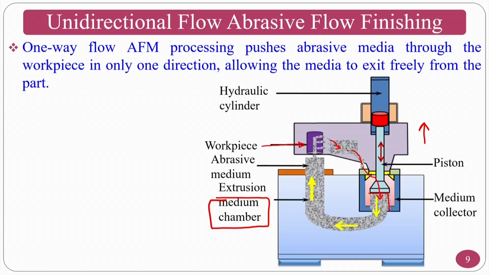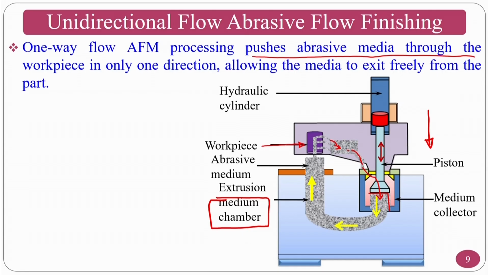As you can see here, the one-way abrasive flow finishing process pushes the abrasive media through the workpiece in only one direction. That is why it is called the one-way or unidirectional finishing process.